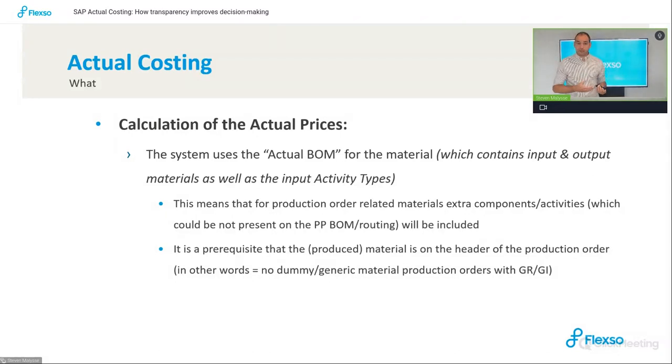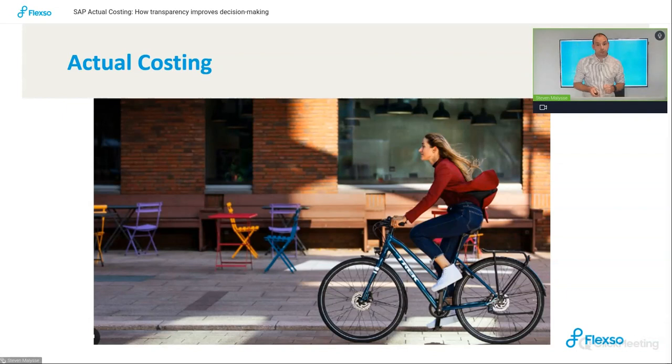This is really the strength of actual costing, because it takes the actual costs. To calculate the actual cost for our bike, it will take the cost from the underlying materials as well, with their variances. For that, I would like to show you this again with our bike that we have produced, for which we have some variances.